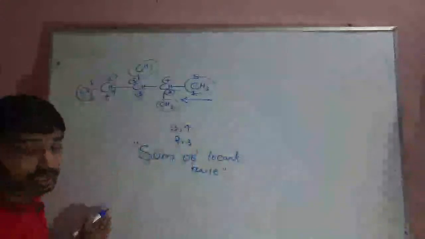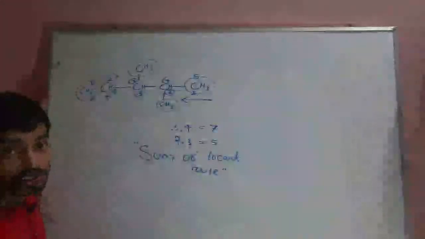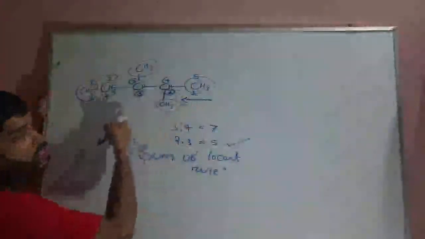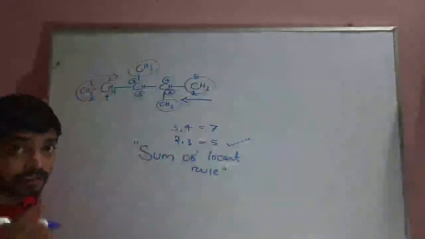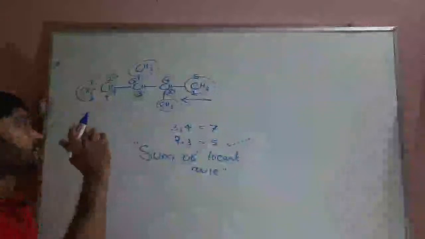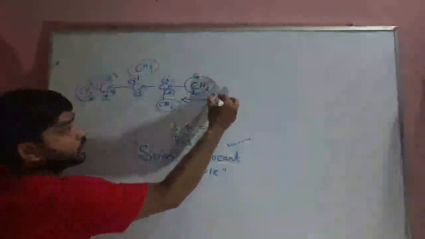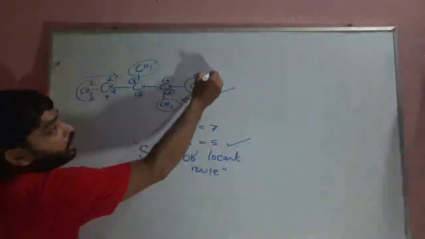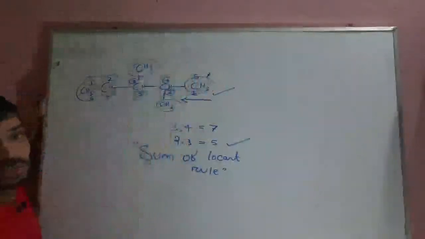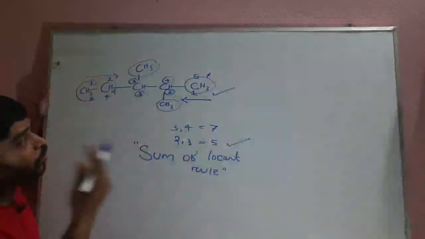The sum of locants rule says the minimum sum of locants in a longest continuous carbon chain is the accurate chain selection. Then we can move to the nomenclature system. That means here is the correct carbon chain numbering and it is the wrong carbon chain numbering.